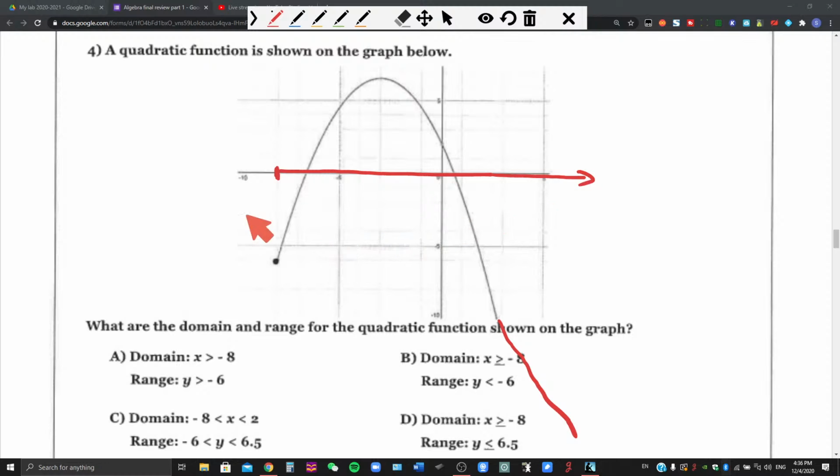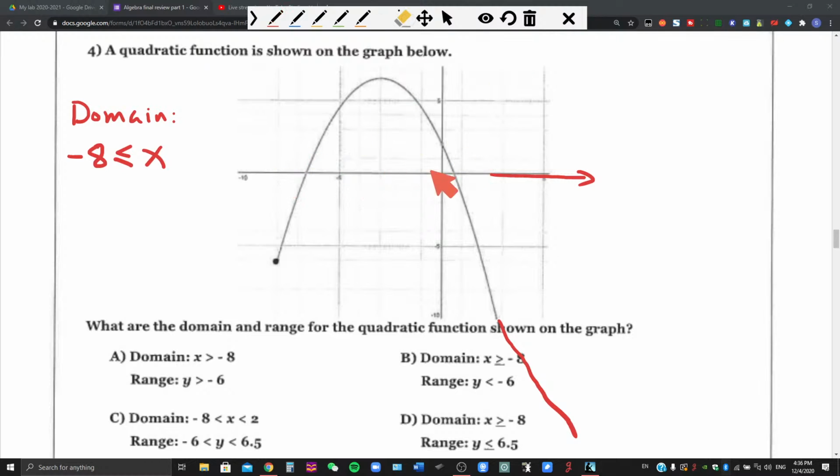Therefore, the domain will be from negative 8 to infinity. This is solid, so x can be equal to negative 8. So x will be greater than or equal to negative 8, and then forever. There's no limit on the other side. There's only one limit, that x should be greater than or equal to negative 8. That's the domain.